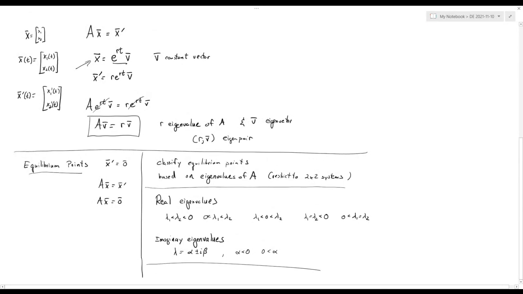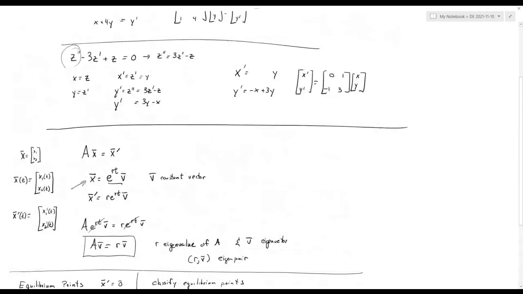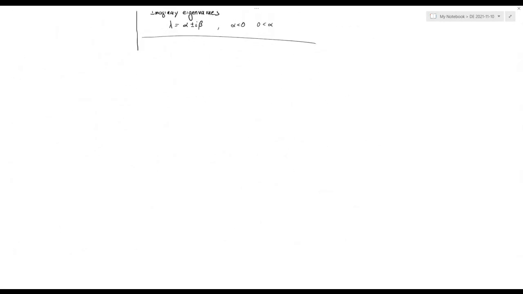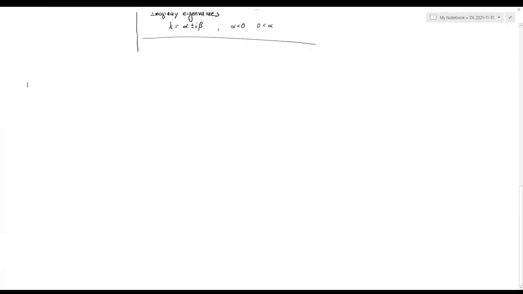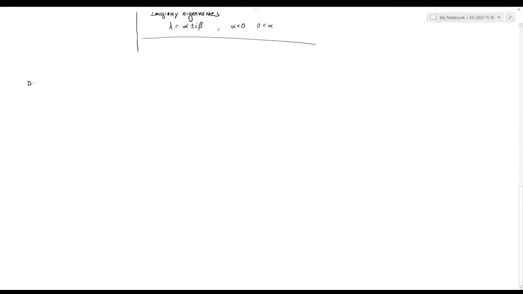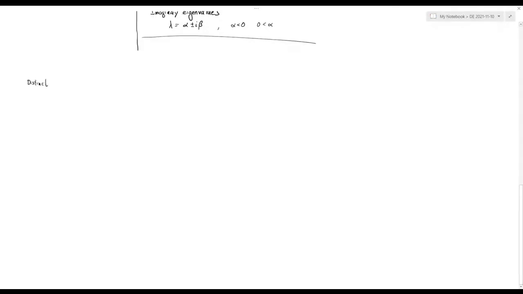Okay, so let's start with our introductory example. This is going to be where both eigenvalues are distinct, real, positive eigenvalues.